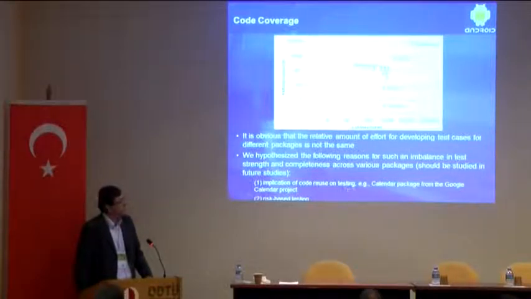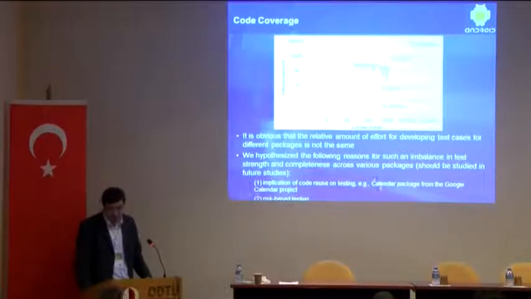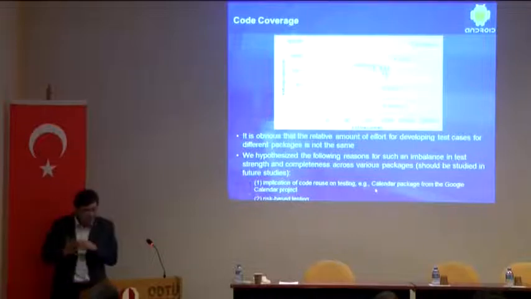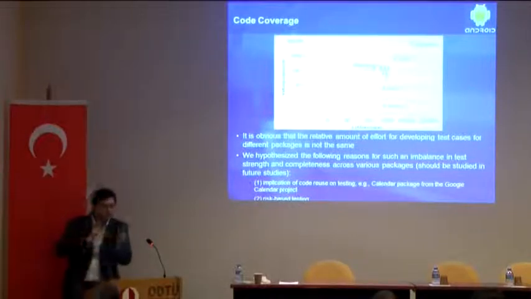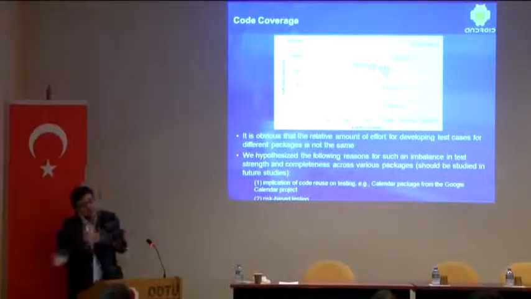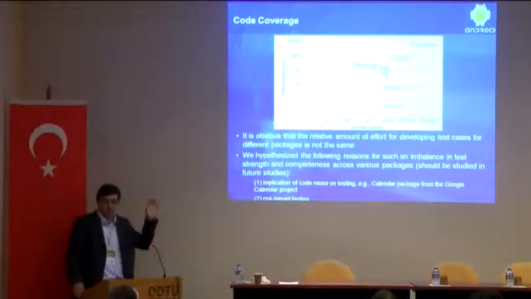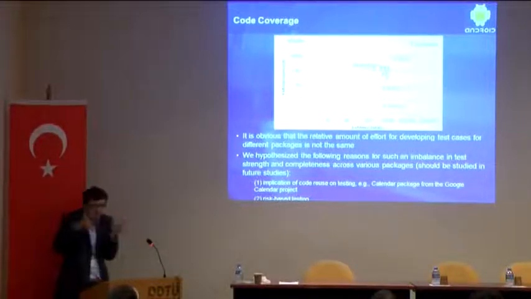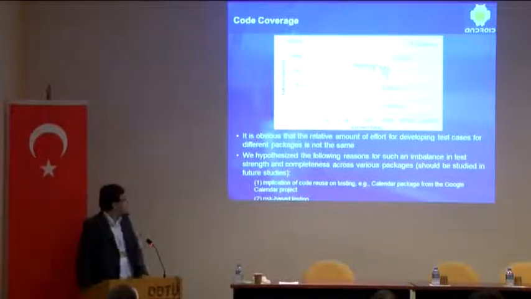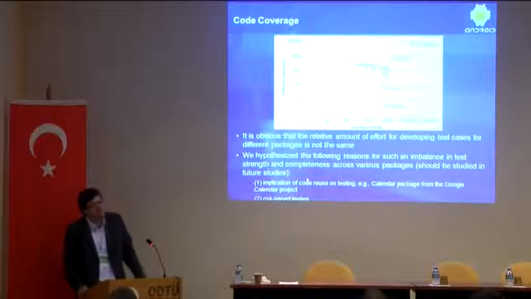When we investigated, we found that the calendar package in Android was reused from the Google Calendar project. They took that and of course changed the UI part of it. So perhaps because in the Google Calendar project they had done more rigorous testing, they didn't have to test it very hard here. These were just potential reasons, and we are not even 100% sure that's the case, but you can try to guess.